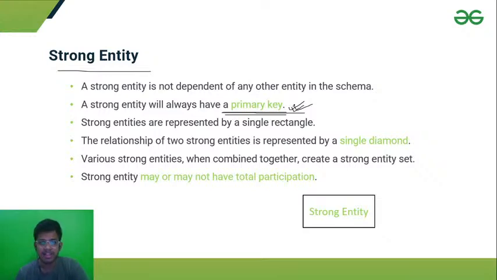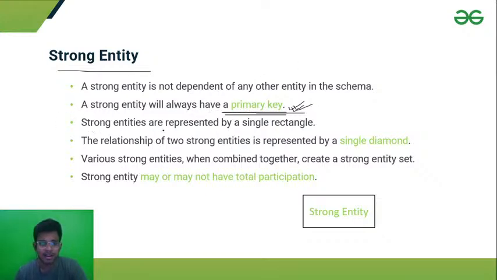Like the brand of that notebook: suppose we have notebooks of three different brands, A, B, C. A is one brand which helps us differentiate from B and C. So we can say A is the primary key which helps me differentiate that notebook from the other two, right? So a strong entity will have a primary key.